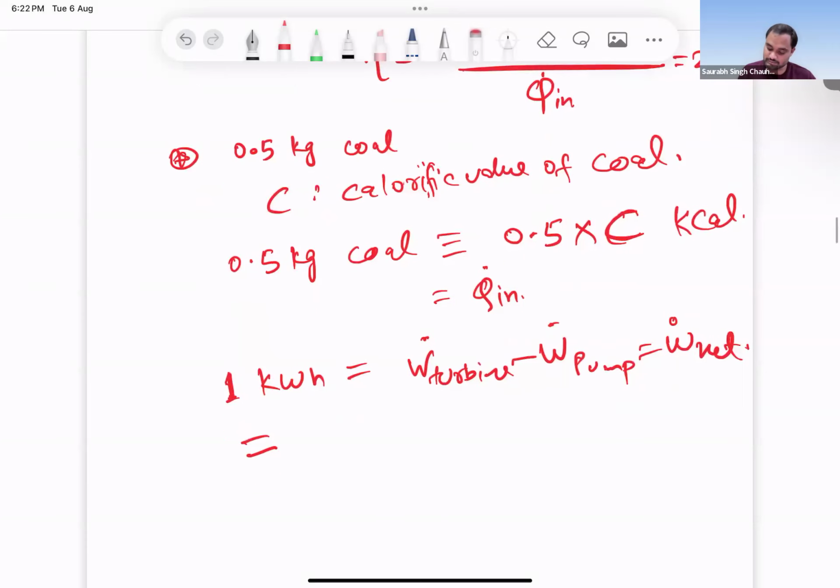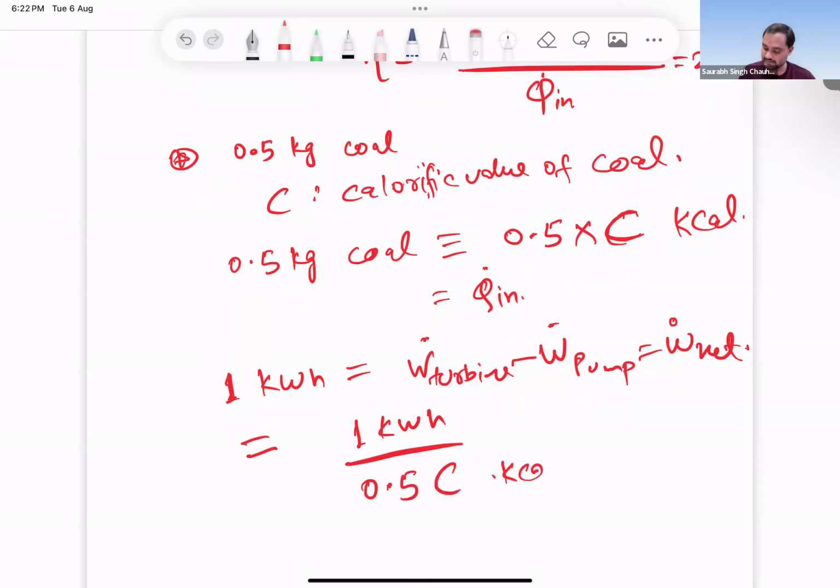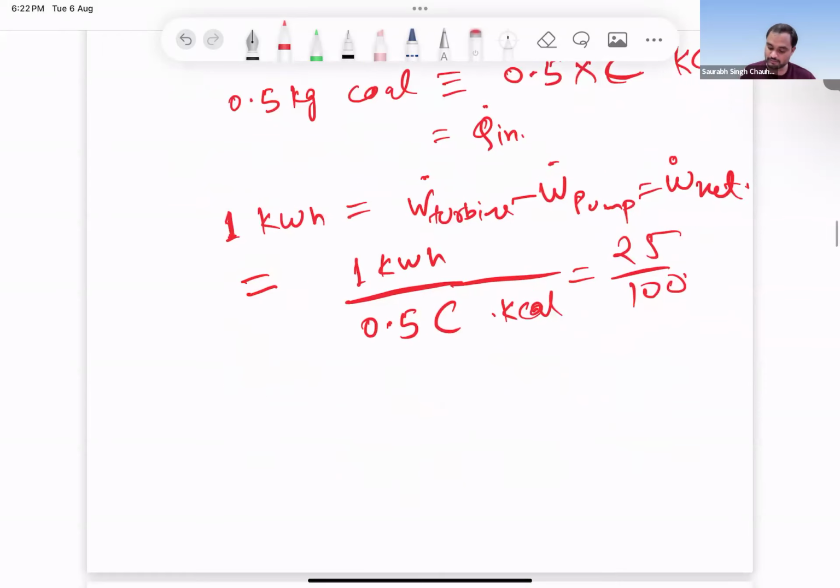Okay, so 1 kilowatt hour divided by 0.5 C kilocalorie is equal to 25%. Okay, so from this equation we can find what C is.